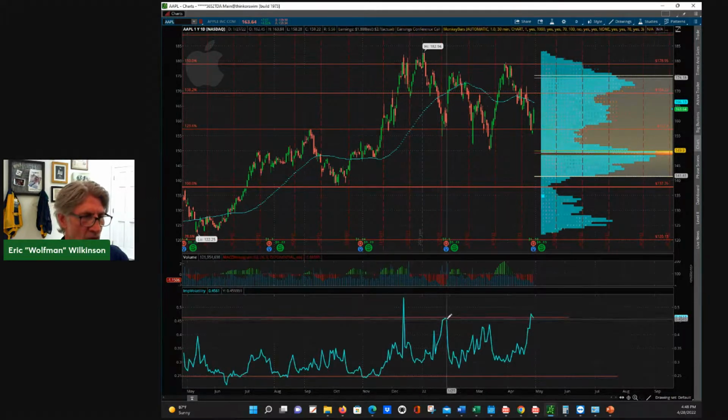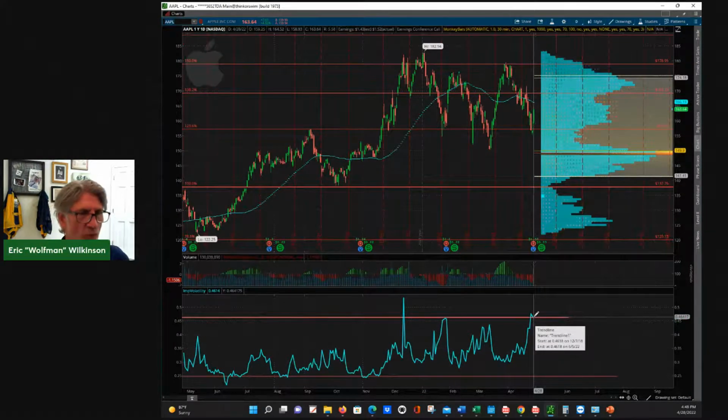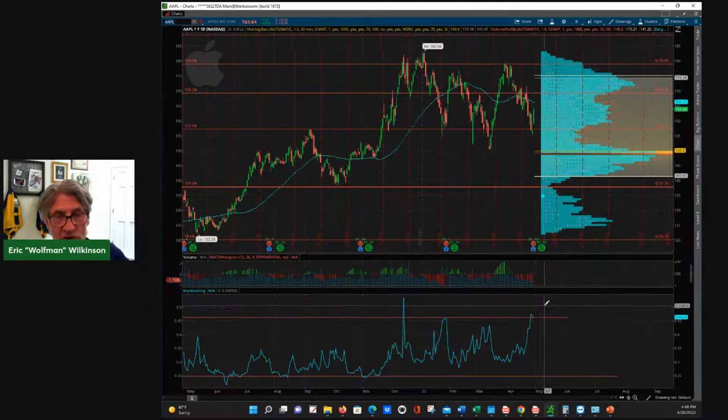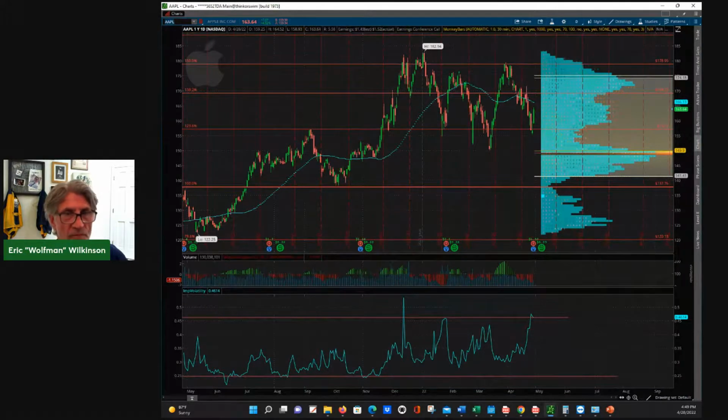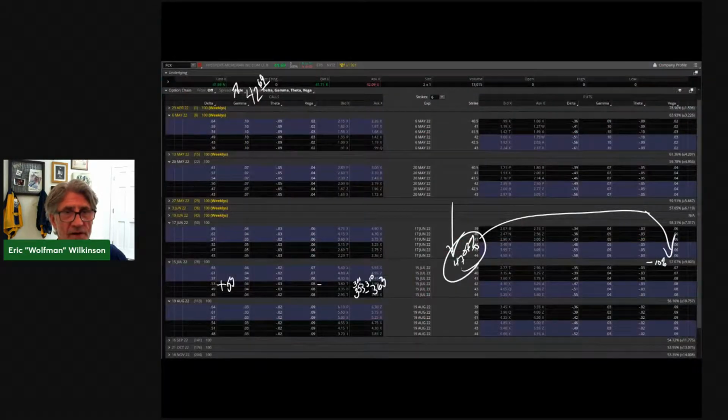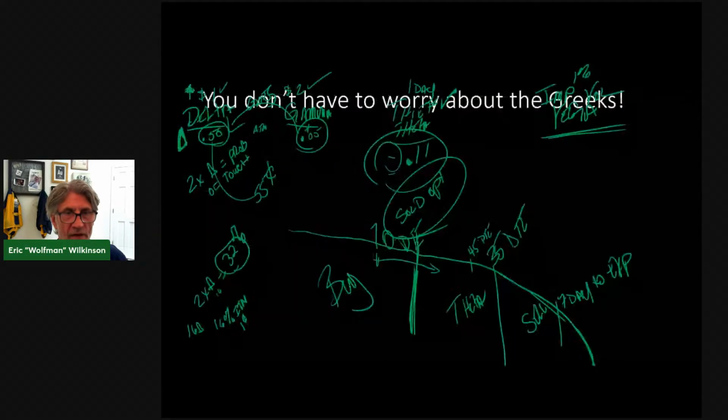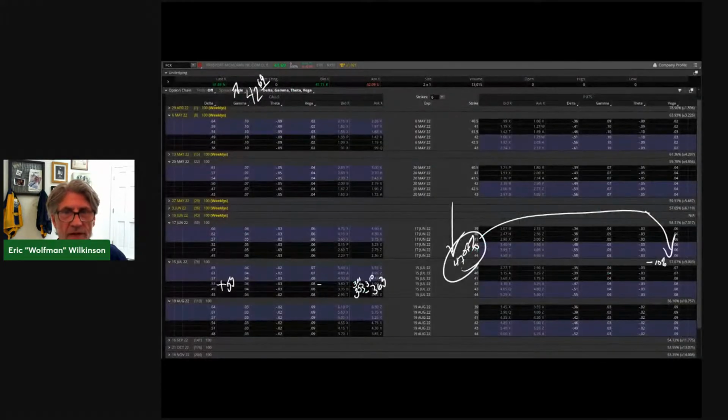Sure, that's on the earnings, but we've got the earnings right there on Apple. And tomorrow, if that person's holding on to this trade, he's going to see volatility really come out. I was going to try and get my pen out, but anyway.